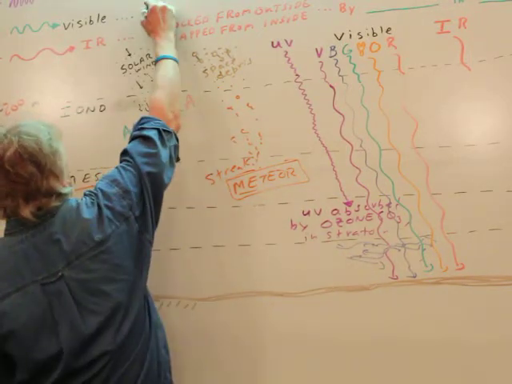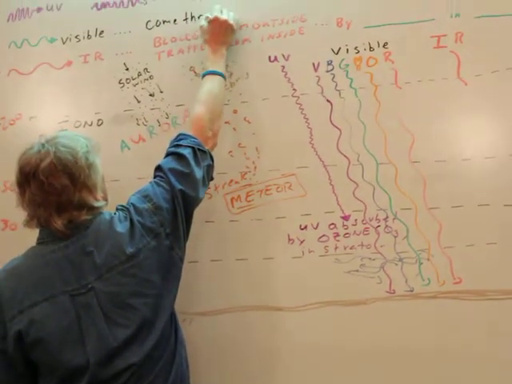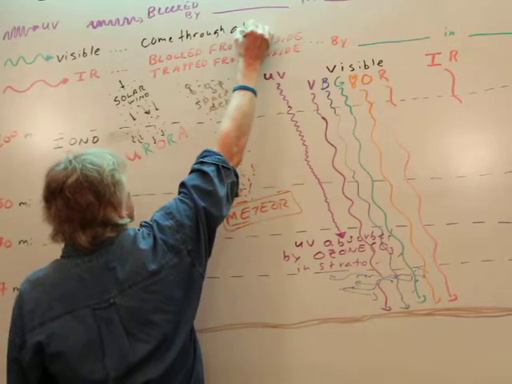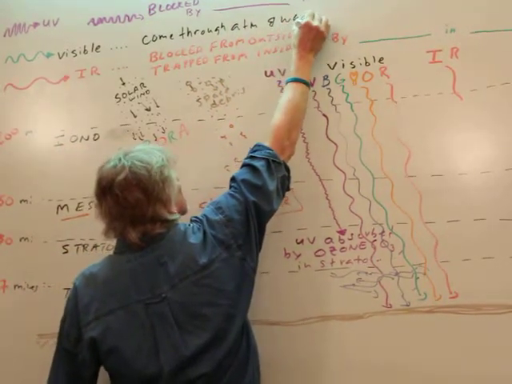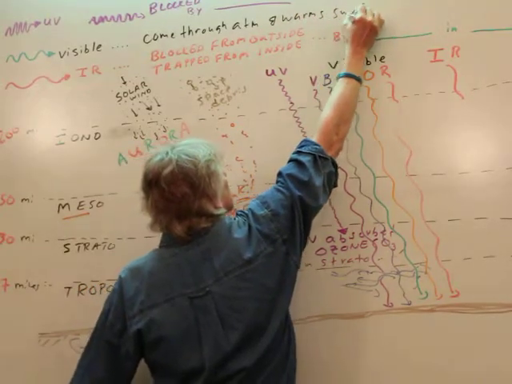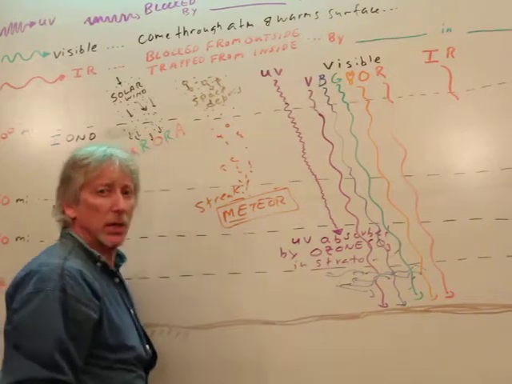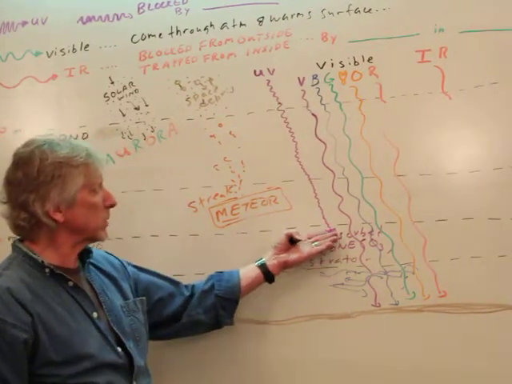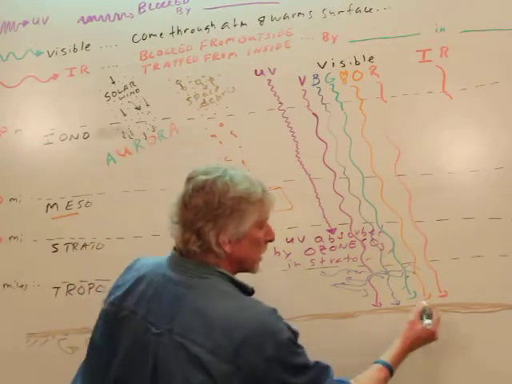So visible light comes through the atmosphere and warms the surface. And if you put a telescope here, you can see all the visible light coming through. If you put one here, you're going to have a hard time seeing UV, aren't you? We'll talk about that later. All right, so let's put that in here.